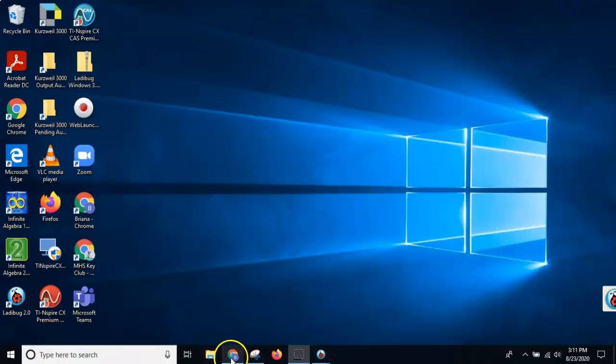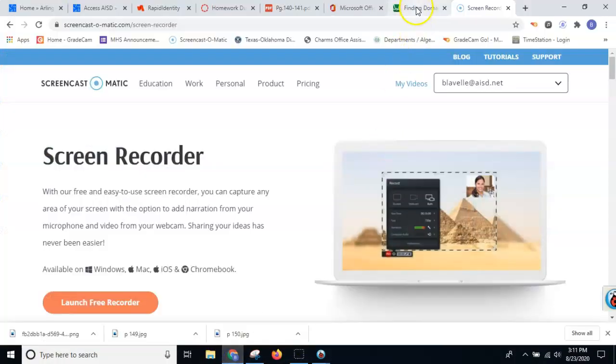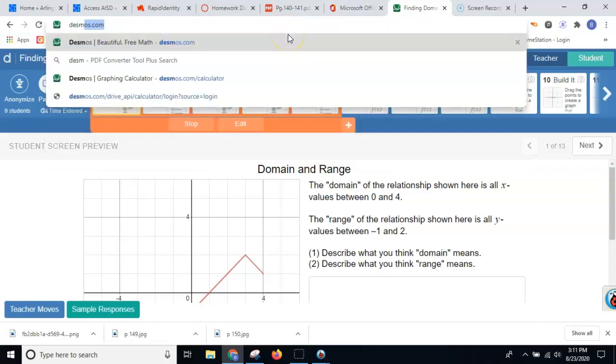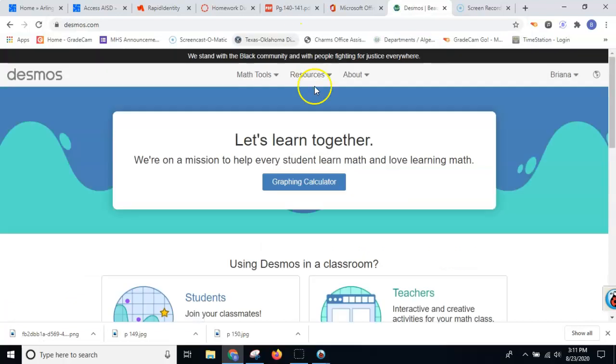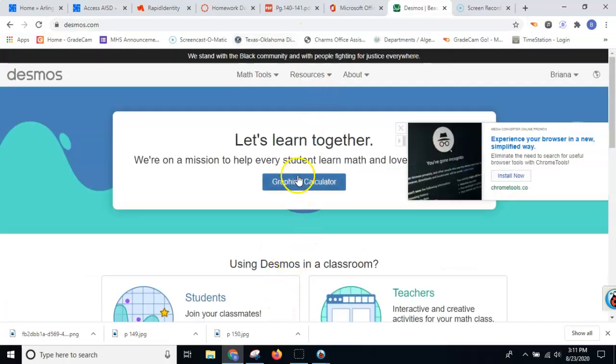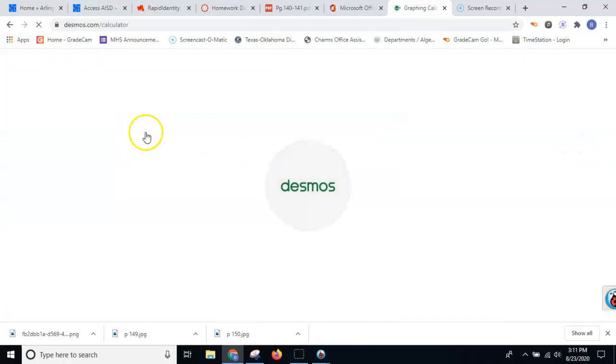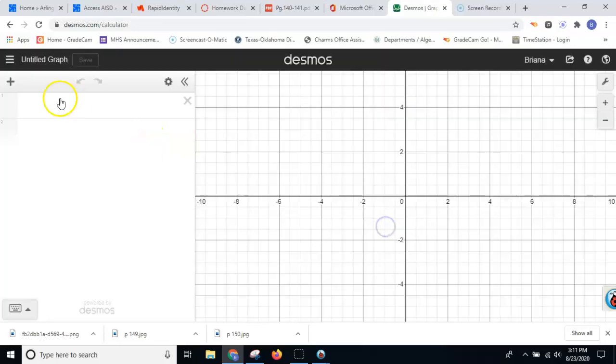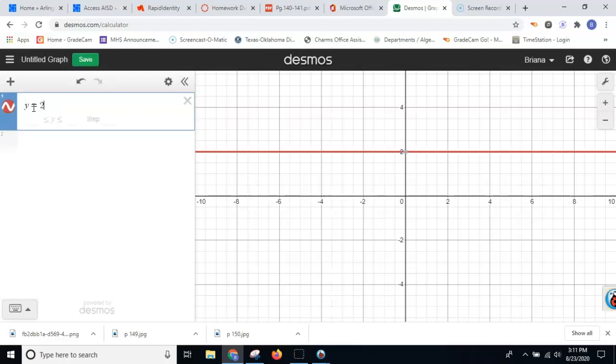If I were to go to Desmos.com, I went ahead and opened up the graphing calculator and put in y equals, because f of x we know is y, so we can put y equals 2.